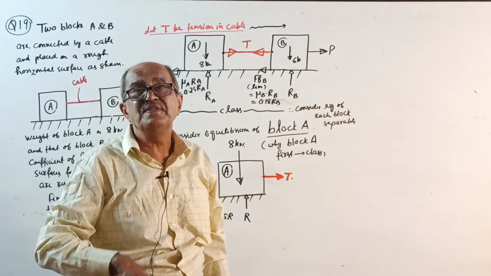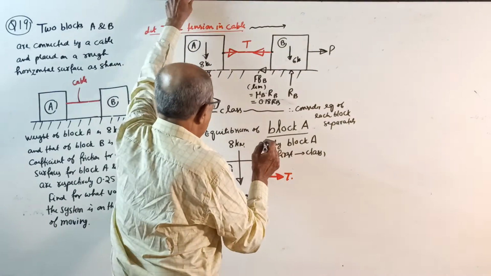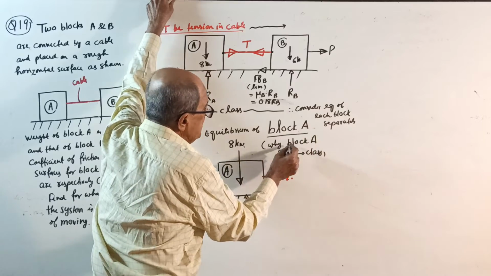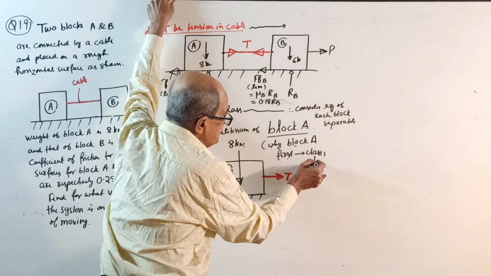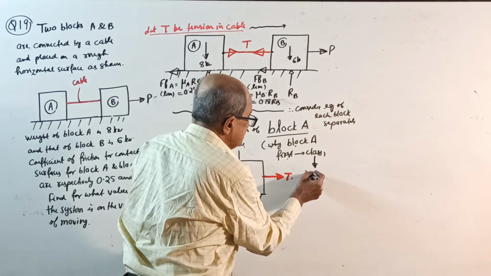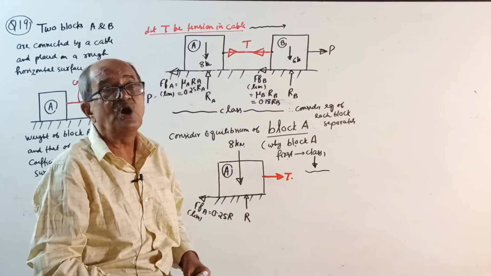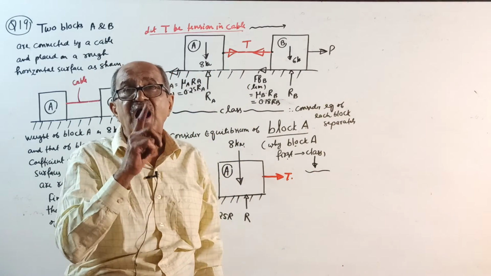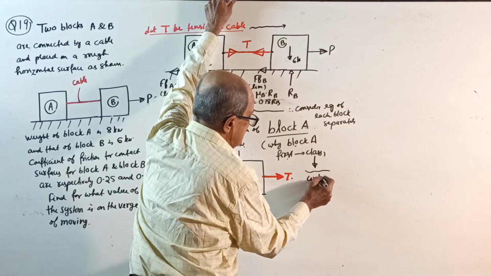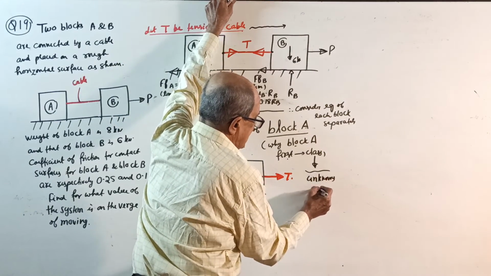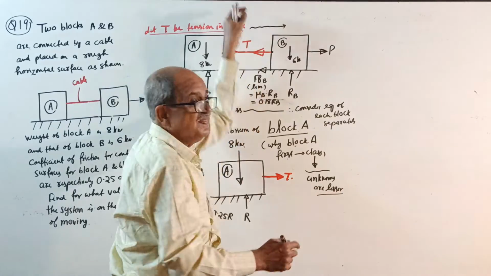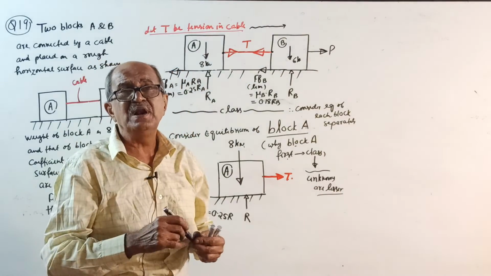So 3 unknowns are there. Therefore, consider the equilibrium of block A first. Why block A first, I am telling you: always consider the equilibrium of that block for which the unknowns are fewer. This is permanent from now onwards. I won't repeat.